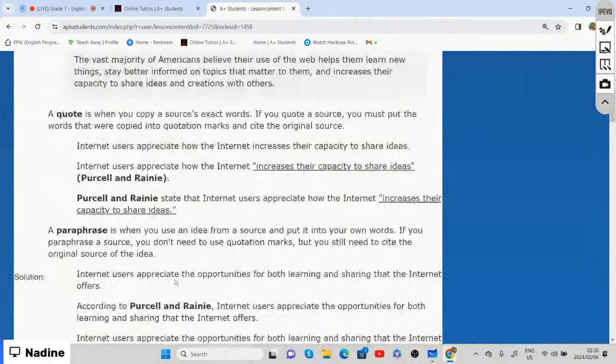And then we also said a quote is where you copy a source's exact words.